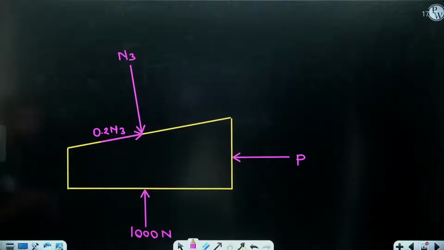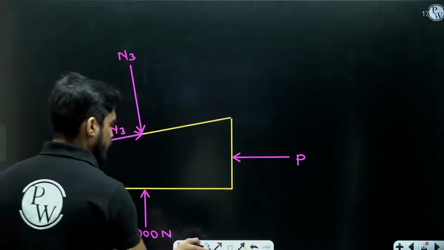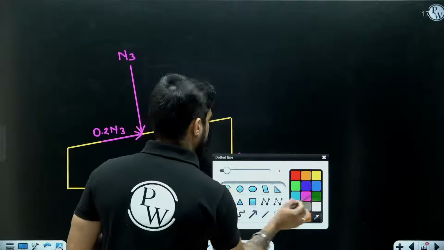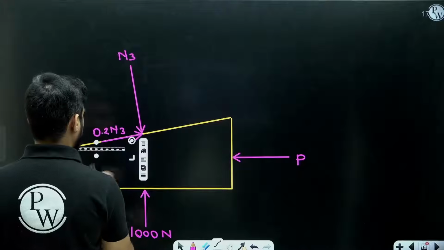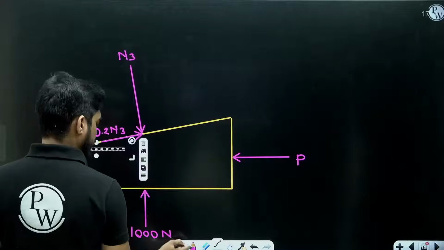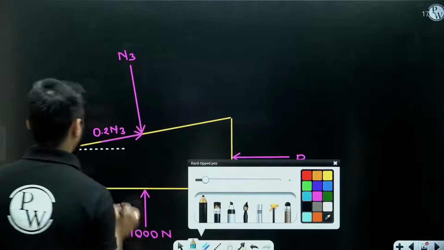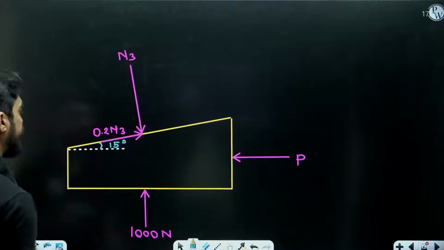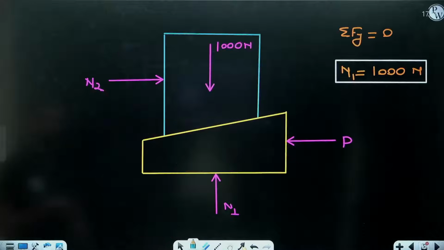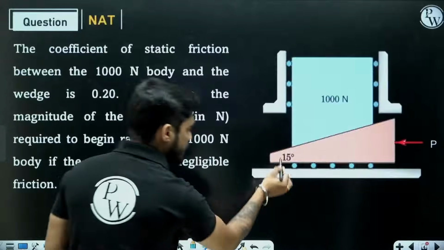Okay, now understand this. Look at the angles. Do you have the angles? Yes, we have the angles. This angle is how much? This angle is 15 degree, right? It is given. The angle of the wedge is 15 degree.